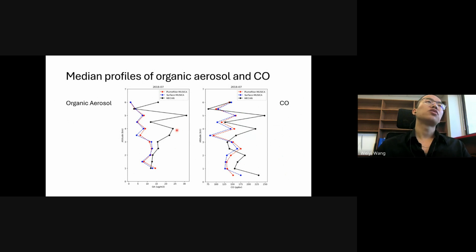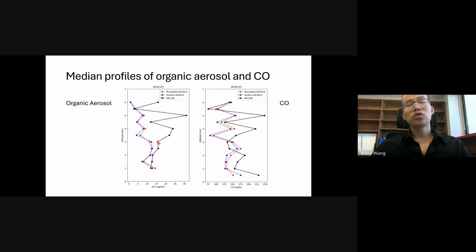Now, these two figures show the median profiles of organic aerosol and carbon monoxide concentrations in weekend observation and in model results. The black line is the weekend observation, and the blue line is from the default model with biomass burning emissions at surface, and the red line is from the developed model with polymerized calculation.